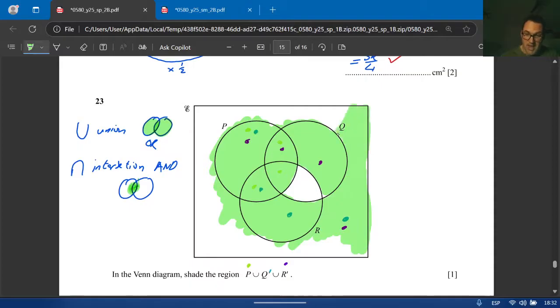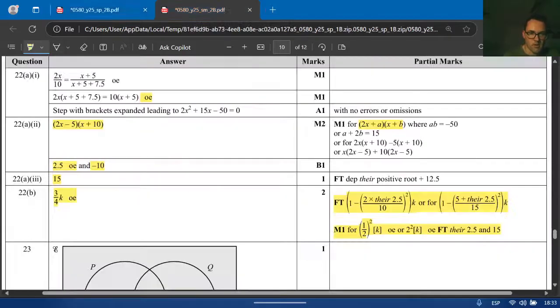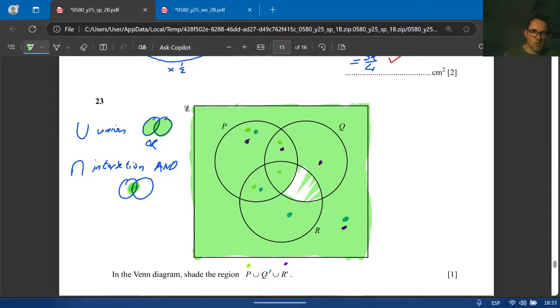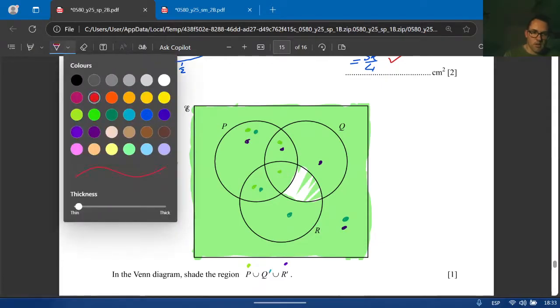If it fulfills any one of the requirements, you shade it. If you can break this down into little parts, step by step, it's not that difficult to do. Look at the mark scheme. There's only one mark here to award, so you either got it or not, okay?